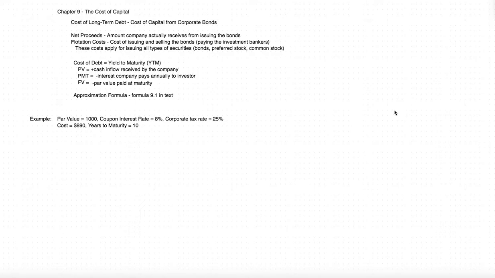So the way that we would set this up in the calculator is we would simply type in our normal inputs into the calculator, which are given to us in this particular example. So we would have a future value, which is our par value, equal to $1,000. And I'll talk about the plus and minus signs here in just a moment. We'll have annual payments, in this case, equal to $80.